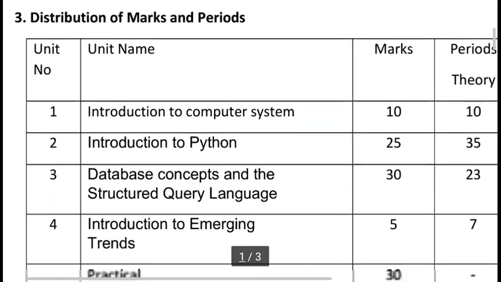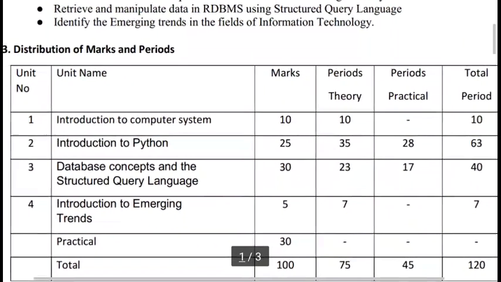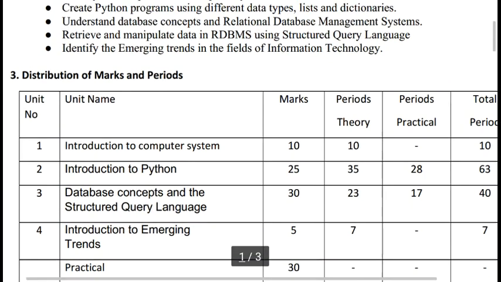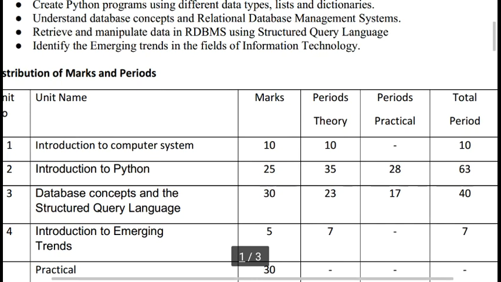Now you can see, according to the CBSE syllabus, the distribution of marks and periods. Unit 1, Introduction to Computer System, is 10 marks and 10 theory periods. Unit 1 has no practicals, so the total is 10 periods.